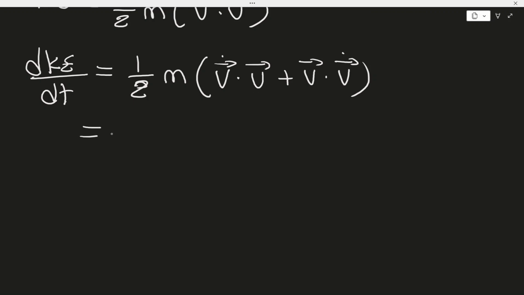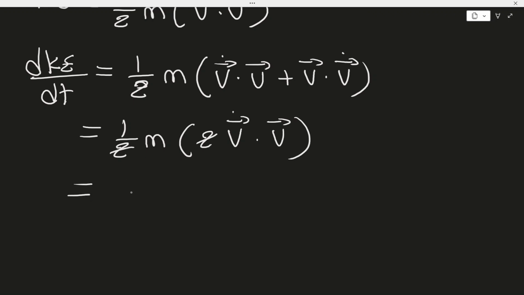Therefore, it's fair to just sum them up. That is, we get 1 over 2 m times 2 acceleration dot velocity. Now these two cancel each other. What we are left with is m acceleration dot velocity.